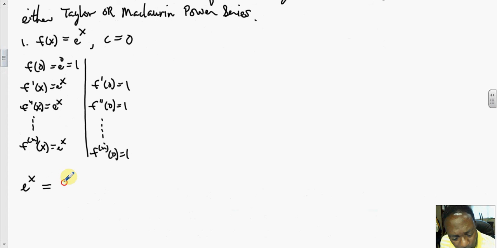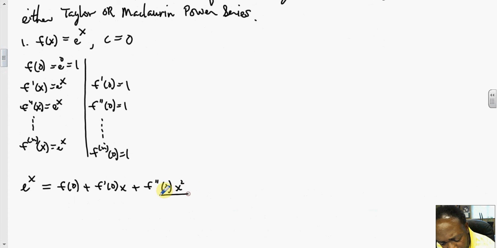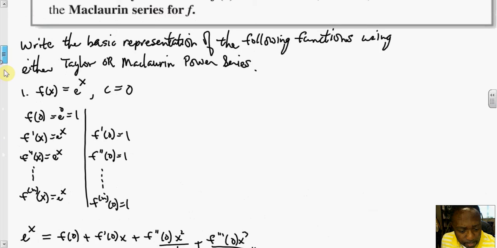This is f of 0 plus f prime of 0 times x plus f double prime at 0 times x squared all over 2 factorial plus f triple prime at 0 times x to the third all over 3 factorial plus and so on.